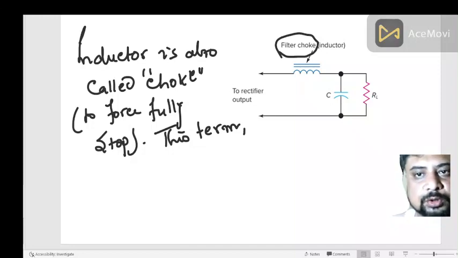So this is the reason it is called a choke coil, because it forcefully stops the ripples or the AC components. Let me find a proper diagram so that it can be shown to you.